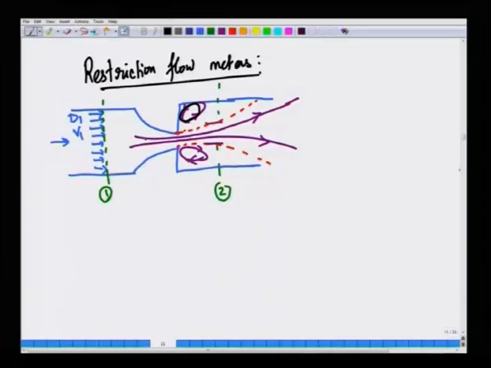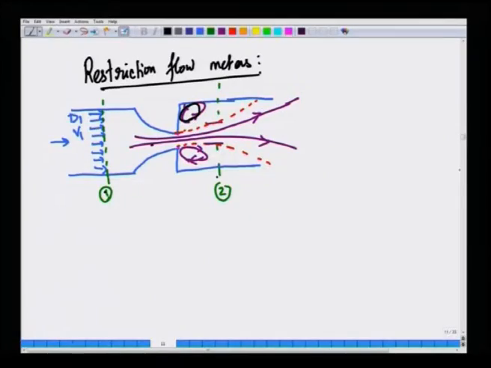So, the fluid just merely flows through this minimum area, whereas this area is not available for flow because of recirculation. So, that leads to losses. Now, we do not have any idea about what these losses are a priori, because this is such a complex flow process that we do not know exactly how the losses are related to the average velocity V1 that is flowing into the tube. So, that information is not available to us.